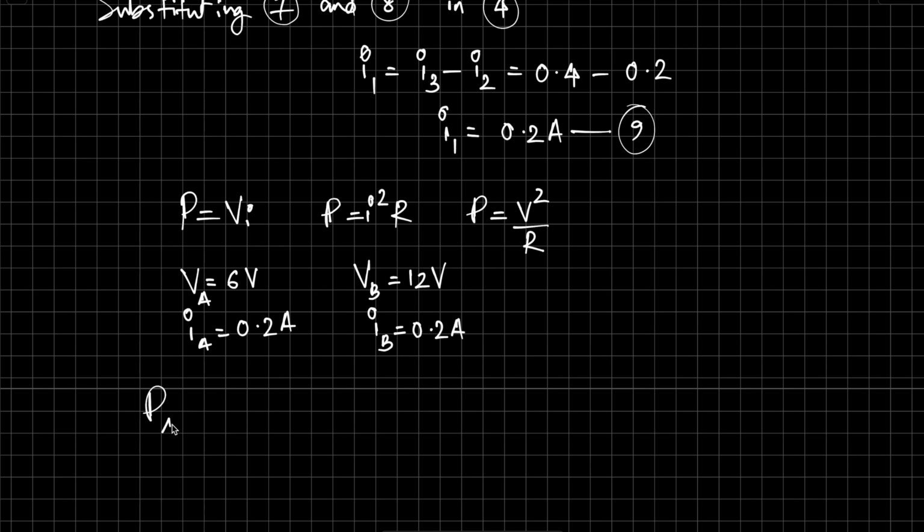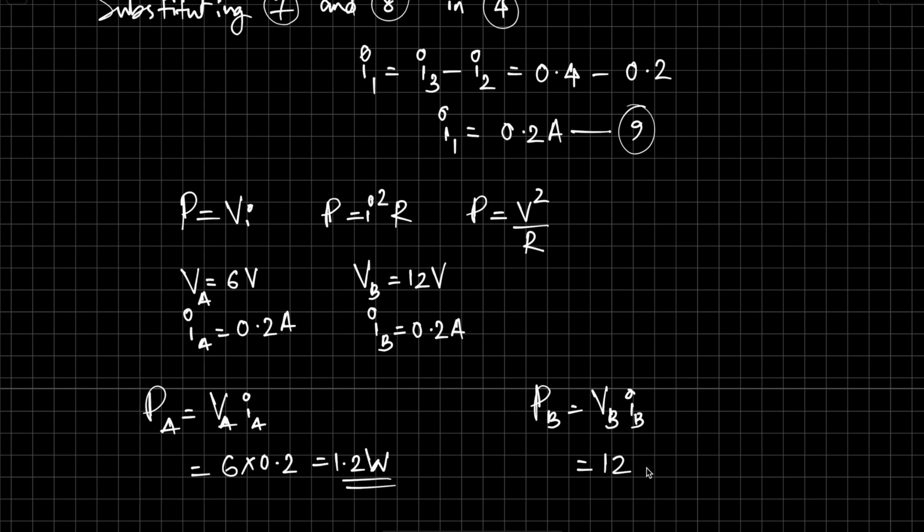So PA equals VA times IA, voltage is 6 times 0.2, 1.2 watts. PB equals VB times IB, voltage is 12, IB is 0.2, 2.4 watts.